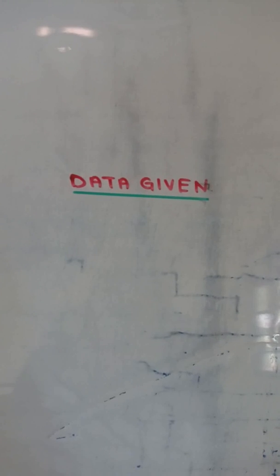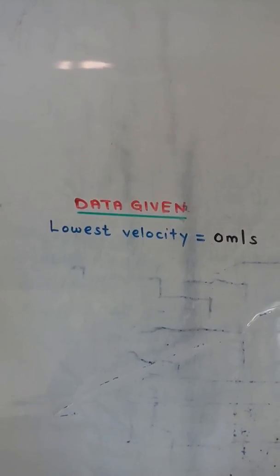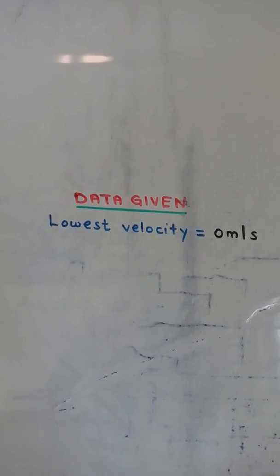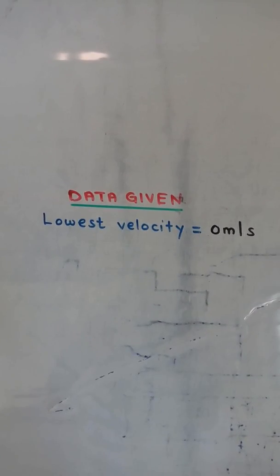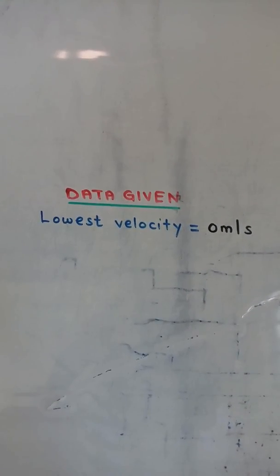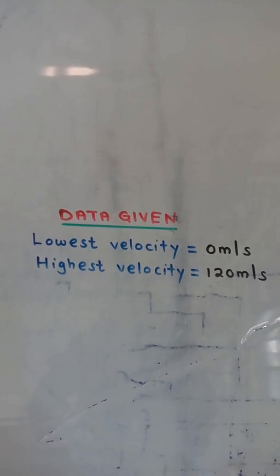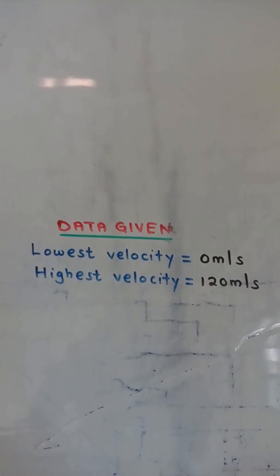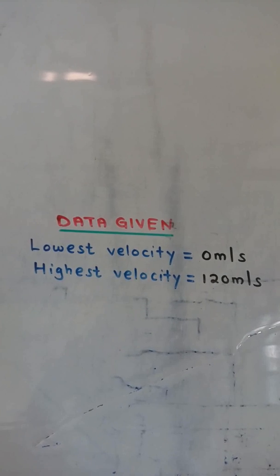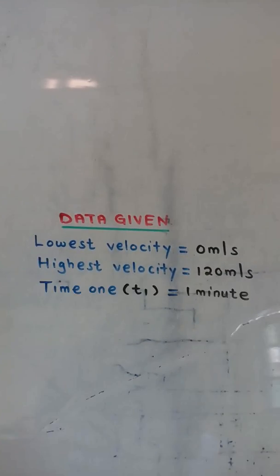Data given. A car starts from rest, so its lowest velocity is equal to 0 meters per second. Highest velocity is equal to 120 meters per second.